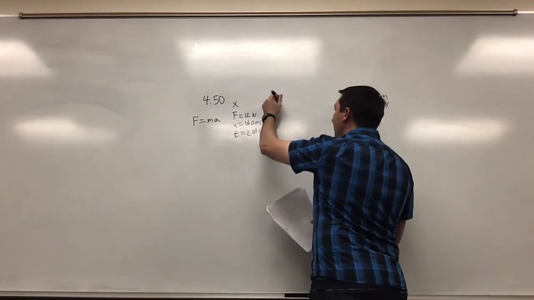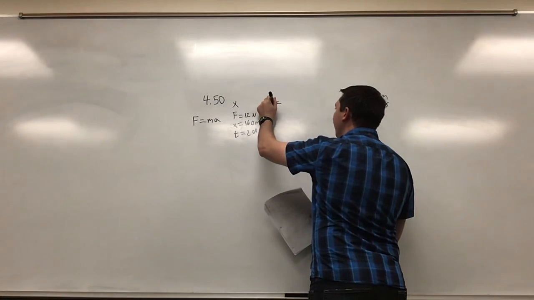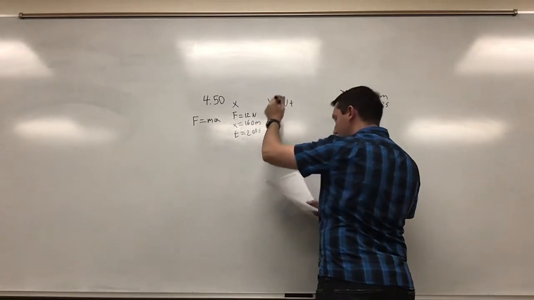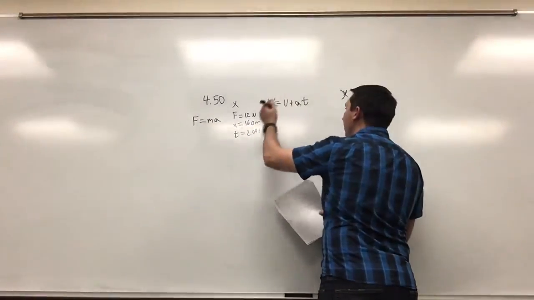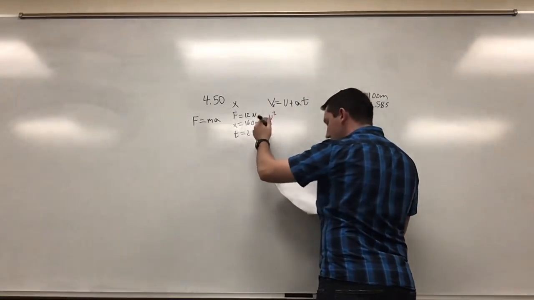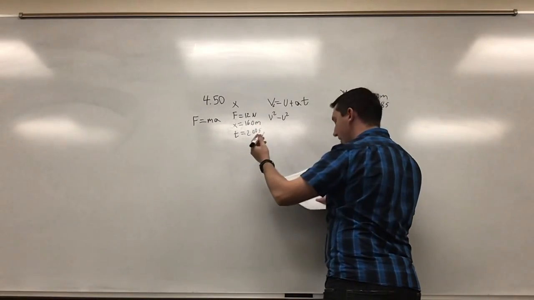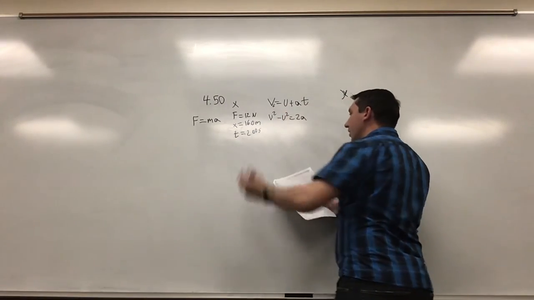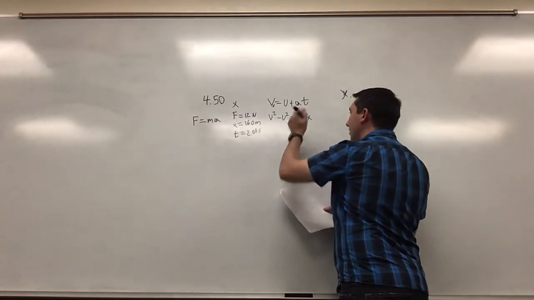The first one is that the final velocity is equal to the initial velocity plus the acceleration times time. And the second equation is that the final velocity squared minus the initial velocity squared is equal to 2 times the acceleration times distance.